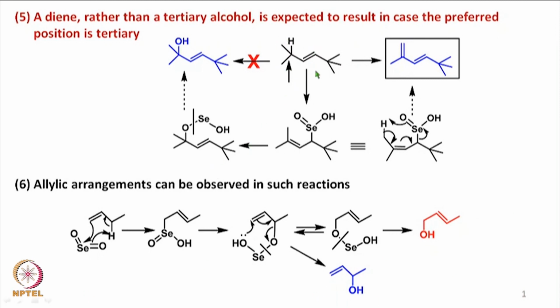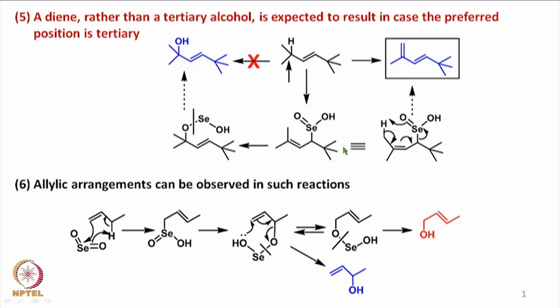For example, if we take a compound of this type where the allylic hydrogen is tertiary as it is here, because on the right hand side we have 3 methyl groups and there is no allylic hydrogen. So what one would expect is this undergoes oxidation to form this tertiary allylic alcohol. How the reaction takes place is that there is a carbon selenium bond formation here accompanied by the proton loss to form a double bond.